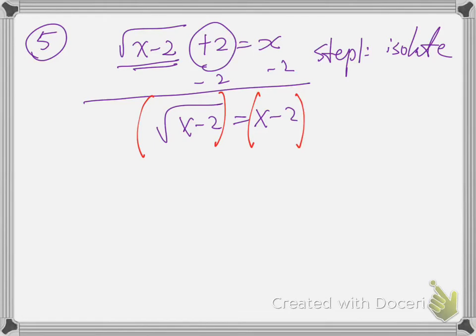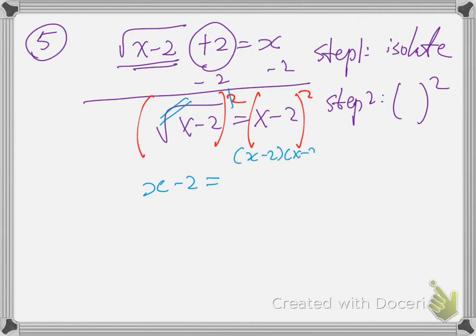So step 2, second power, right? You take second power. On the left, second power and square root cancel, so we got x minus 2. On the right hand side, we got x minus 2 squared. So what's x minus 2 squared? You have to use FOIL method to calculate that.